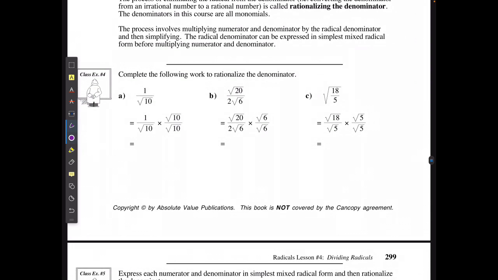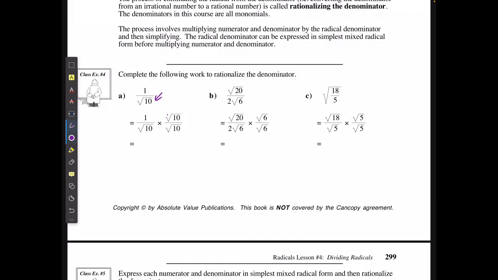If I have the square root of 10, and I'm dividing that from 1, and I have this down in the denominator, I can multiply the numerator and the denominator by the same thing to still keep an equivalent fraction.